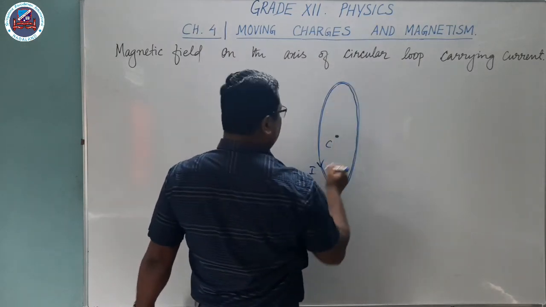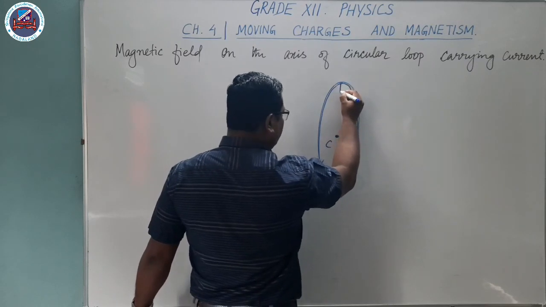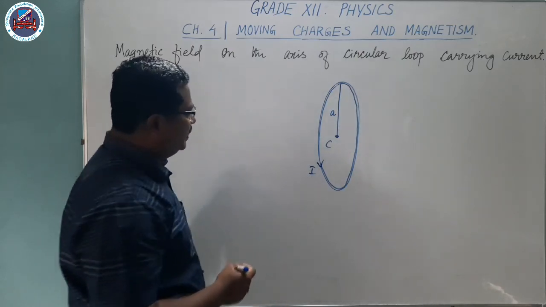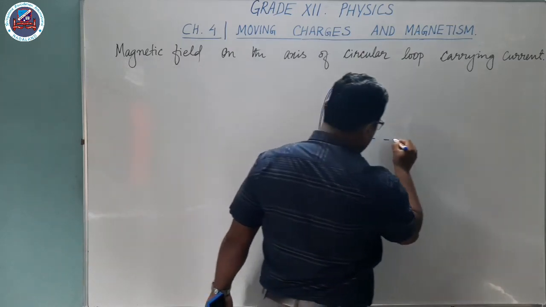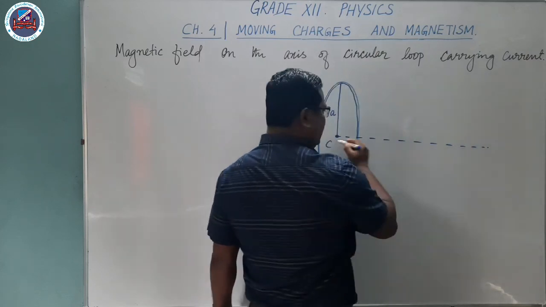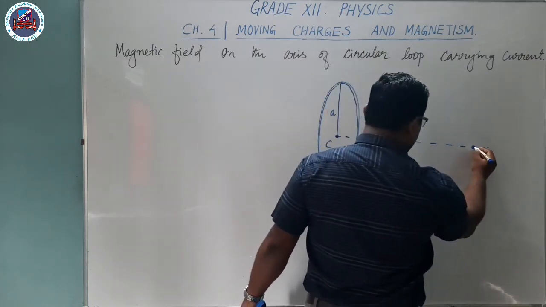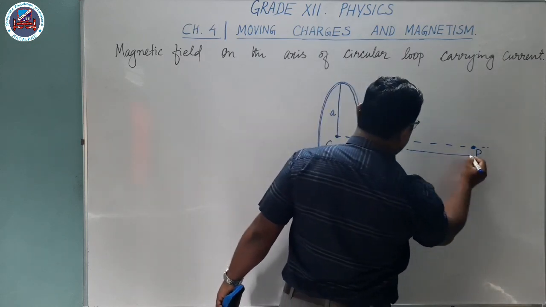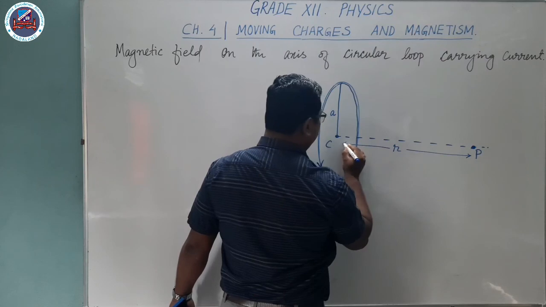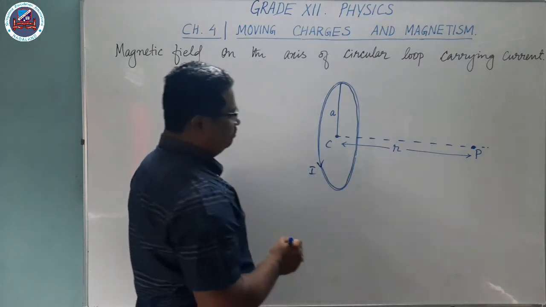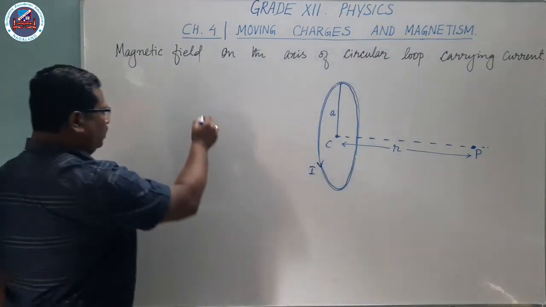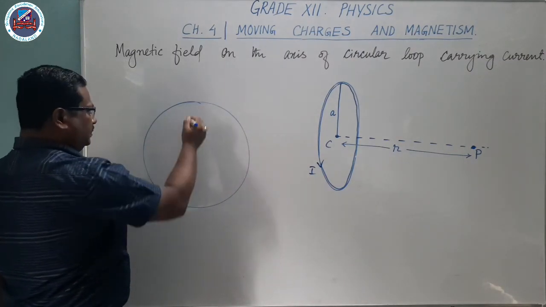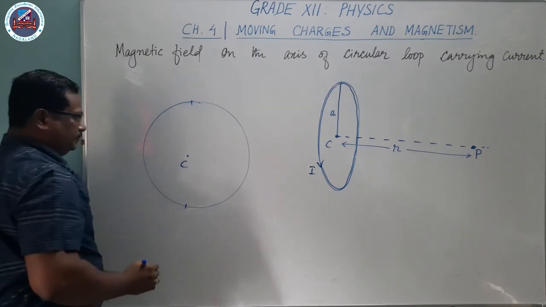Let us take the radius of the loop as a. This is your axis. Along the axis, at some point, say at point P, I want to find out the magnetic field at a distance r from the center of the loop. Then in a circle, you all know that if this is the center, there are points just opposite to each other.